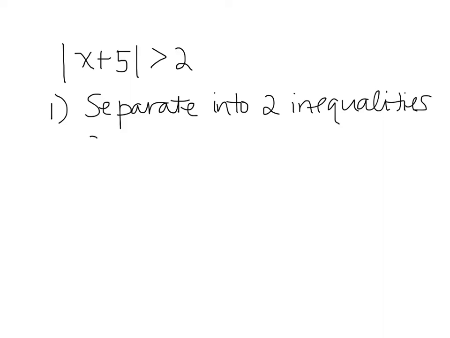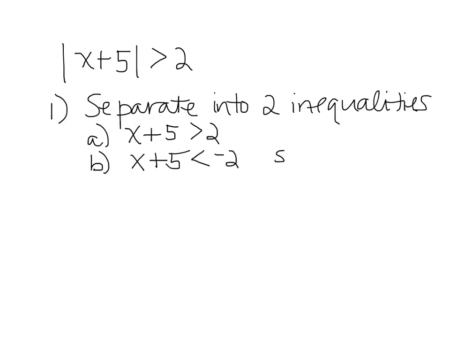The first one is just what you would get if you take it out of the absolute value. So x plus 5 is greater than 2. The second one is the same thing, x plus 5, but now you switch the sign and make it the opposite. Switch sign, make opposite.